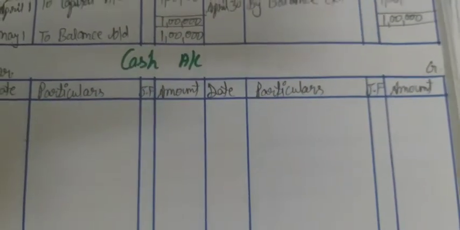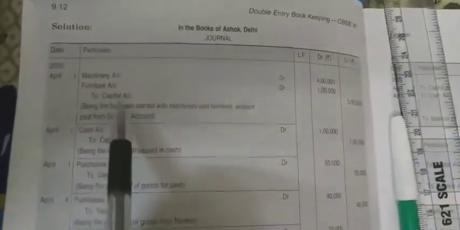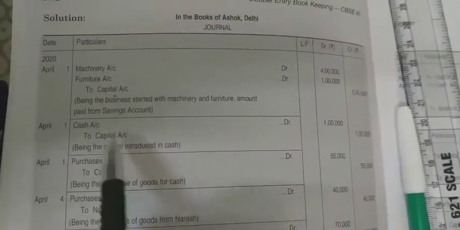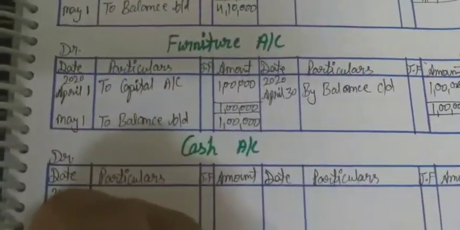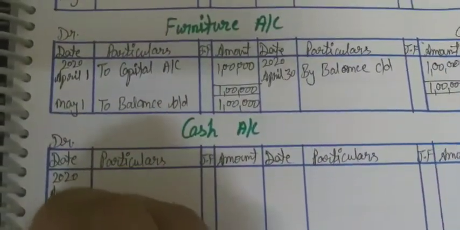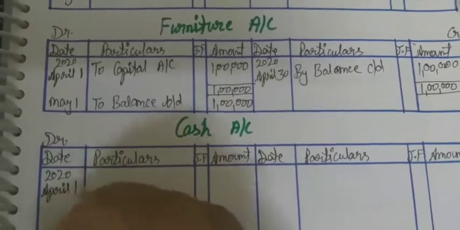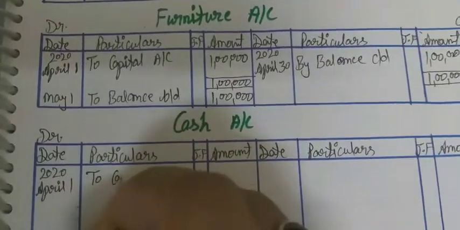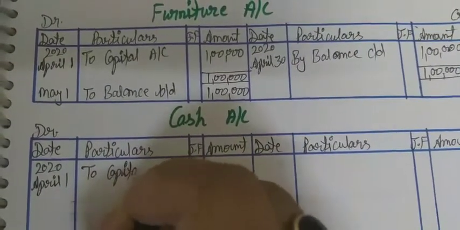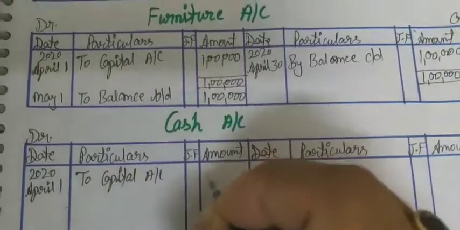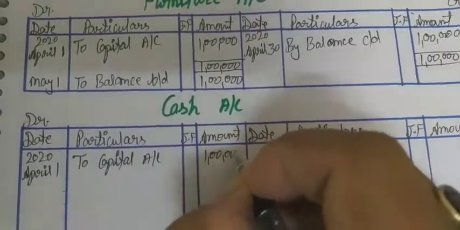Now you can see the format of the cash account. According to the cash transactions, cash is debited by rupees 1 lakh on April 1st. So 2020 April 1st, to capital account with rupees 1 lakh.